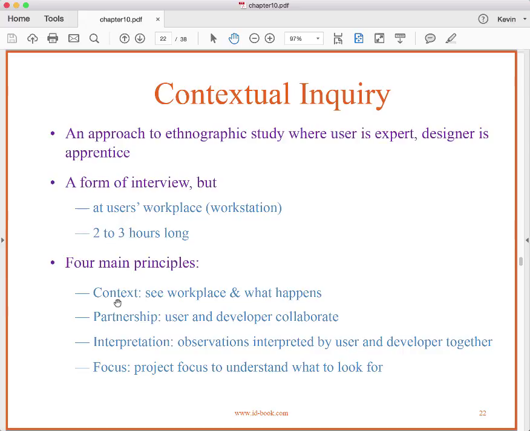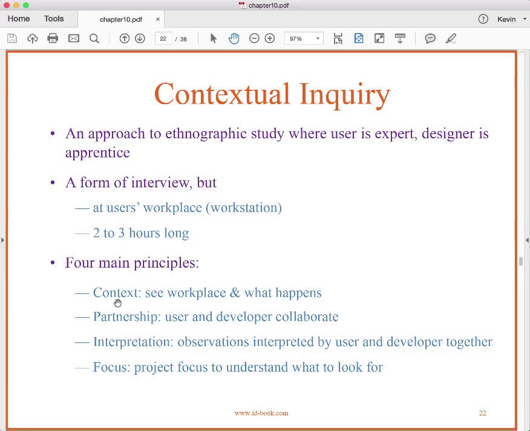It's a form of an interview. So you go out as the designer and you have an interaction with the user. Typically you're going to do it at the user's workplace. Okay, that could be a workstation, that could be an office, whatever. Probably 2 to 3 hours long.